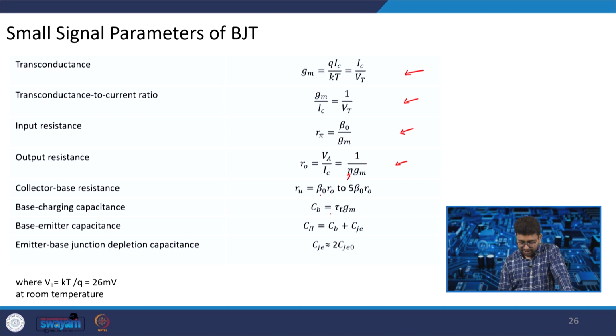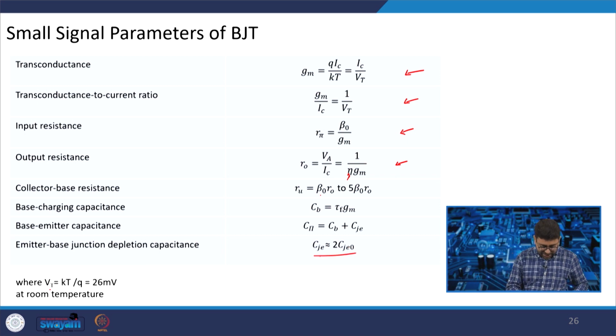CB is given by tau f, the time taken when the electron is moving in the forward direction, into gm. C pi is CB plus CJE, where CJE is the emitter base junction depletion capacitance, and it is given by 2 CJE naught.